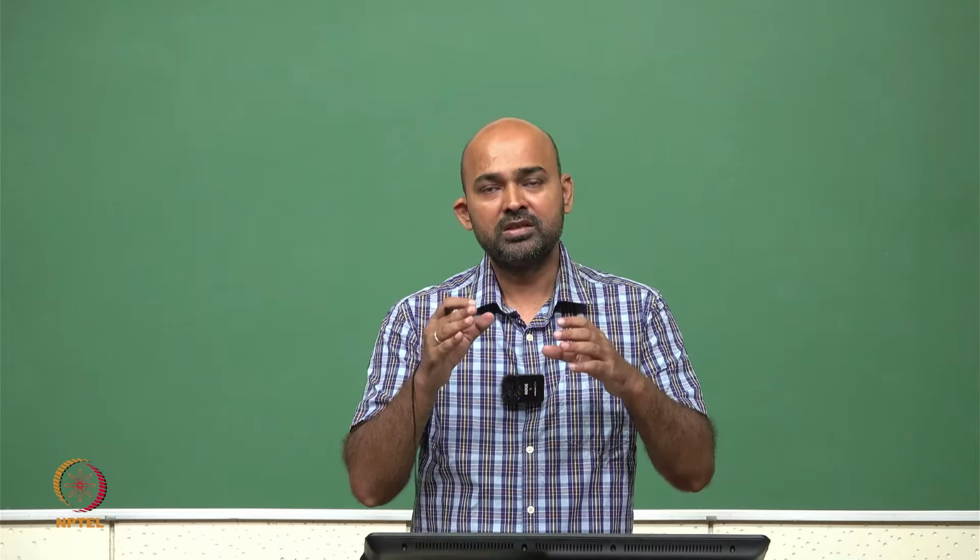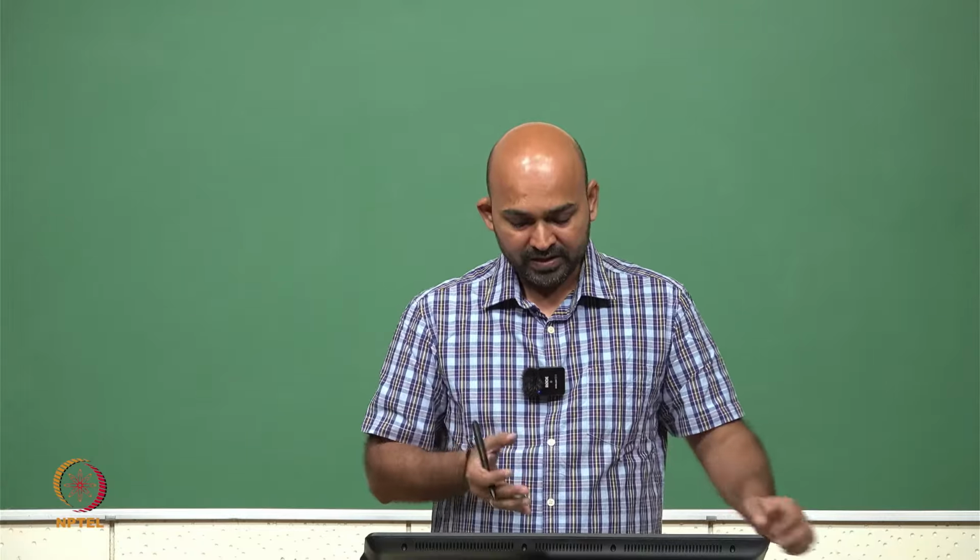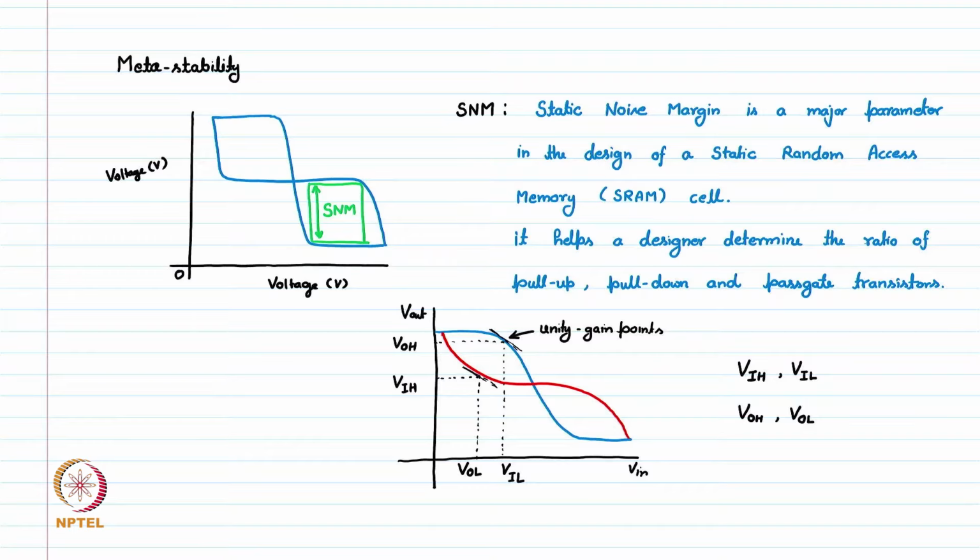Of course, the supply voltage is also one concern, but VIH, VILs are equally important. So we will come back to these definitions at some point of time. These are the definitions we can derive from this VTC curve of metastable circuits such as the cross coupled inverter.